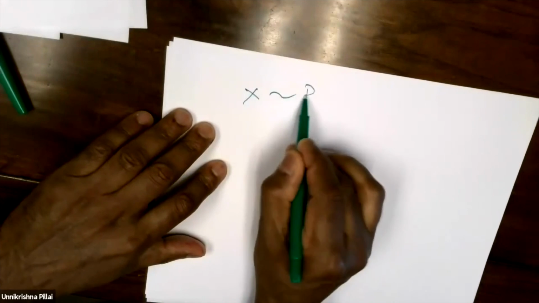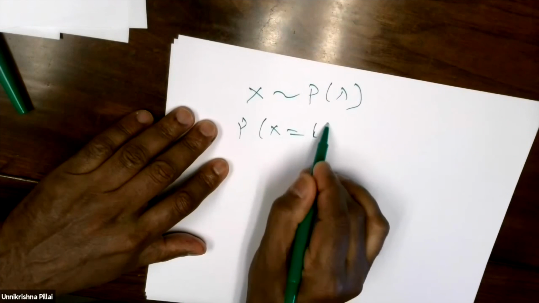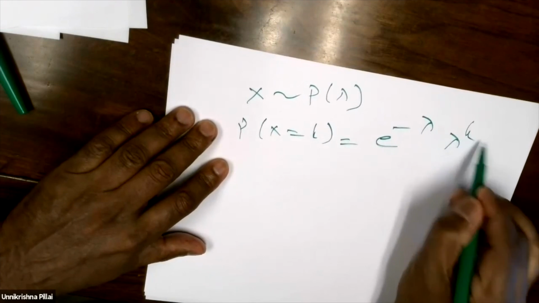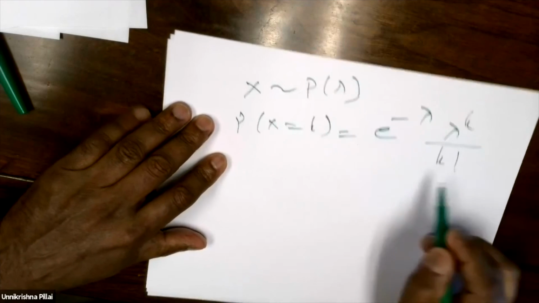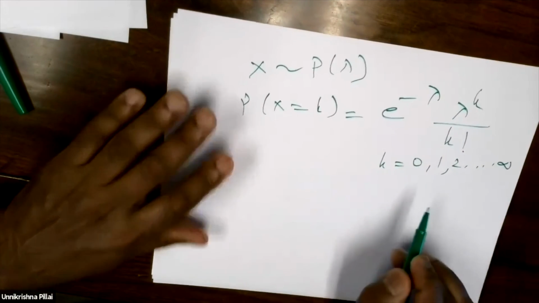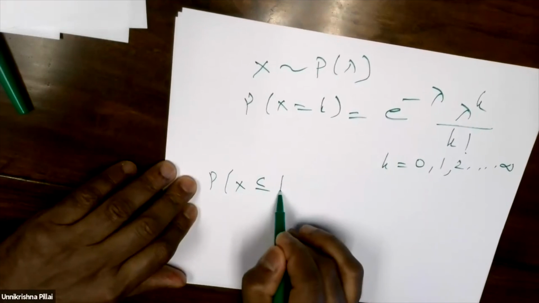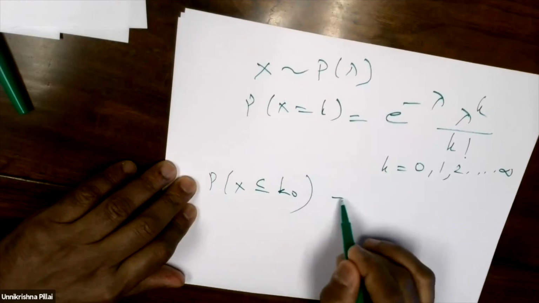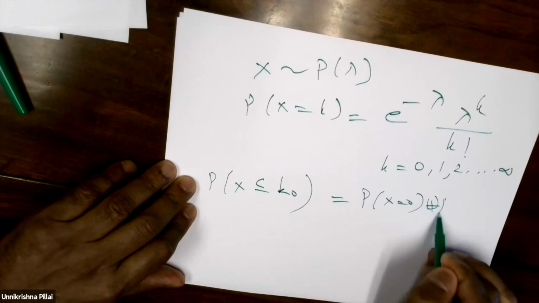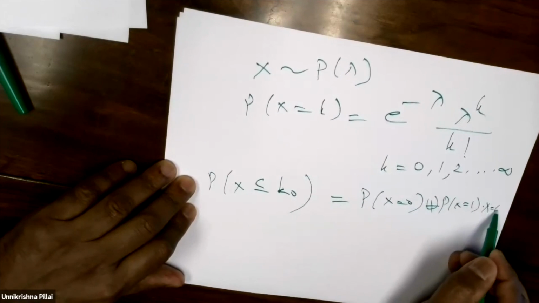So if x is Poisson with parameter lambda, the probability of x equal to k, you can think of this as the k failures, is e raised to minus lambda, lambda to the k over k factorial. k could be 0, 1, 2, 3, all the way up to n. That is all the way up to infinity. So the probability that the failures is less than some number k0 means the probability of x equal to 0 or x equal to 1, x equal to 2, etc., up to k0.